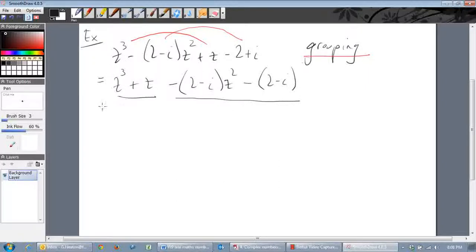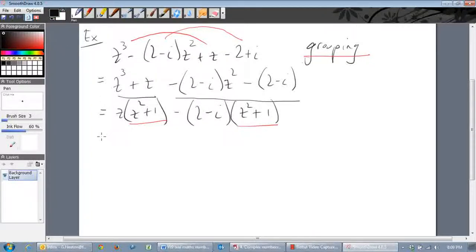Okay, so let's take common factors out. Common factor of z there, z squared plus 1, and the common factor here is minus 2 minus I. Let's take that out. What have we got left over? Well, we've got a z squared, and we've got one lot of minus z minus I, so that's plus 1 there. And there we go, we get what we want, which is that common factor there.